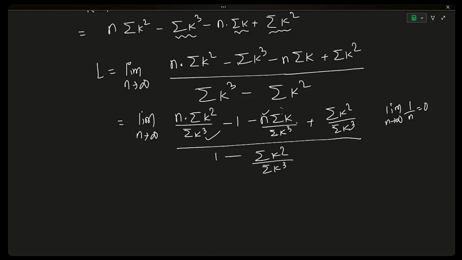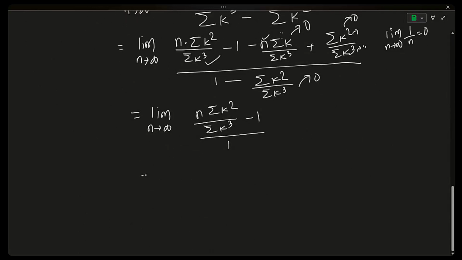This is going to produce a 1 by n because the denominator is of a greater degree. Similarly here, it is going to produce a third degree term, and this a fourth degree term. So in limit n tends to infinity, both of these terms are going to be 0. Similarly here, 0. So what you would be left with is: limit n tends to infinity, n times summation of k square by summation of k cube minus 1, by 1.